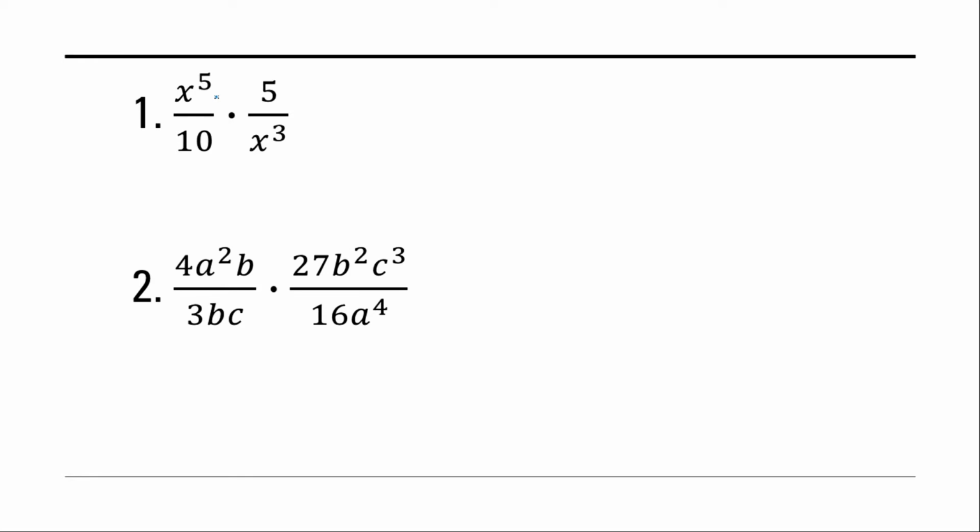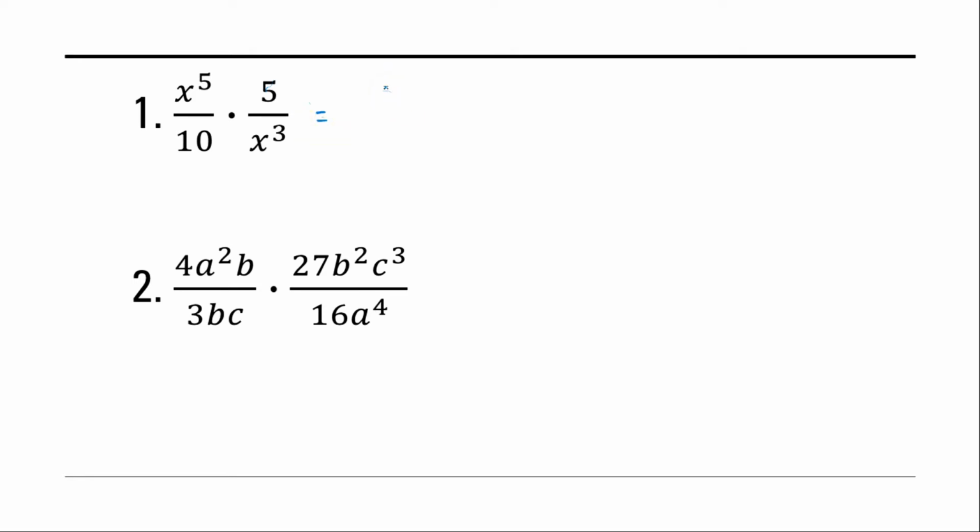We have x to the 5th power over 10 times, the symbol means multiplication, times 5 over x to the 3rd power. So, ang gagawin lang natin is to expand or do the prime factorization of the given, and then we cancel out the common terms. So, by multiplying the numerators, we have x to the 5th power and 5.